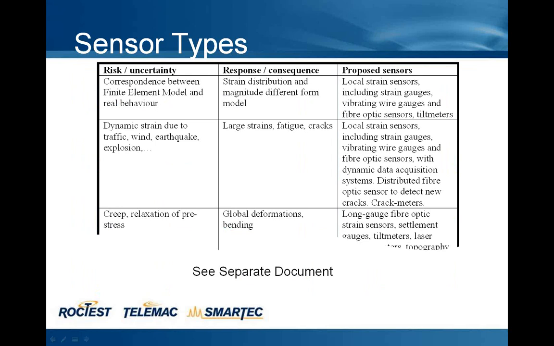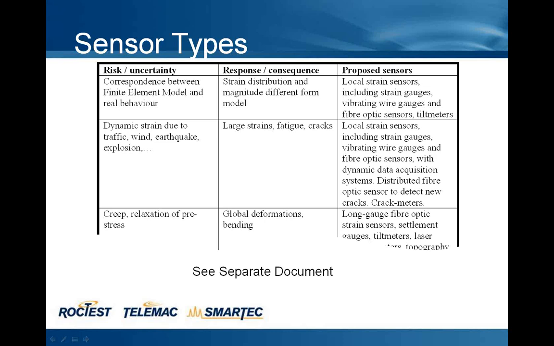And again, to help in making that link, we have prepared a table that lists the different risks that we have identified in the previous table, what is the common response or consequence, and what are the proposed sensors to monitor it. For example, if you look at the second line, if the risk is related to the dynamic strain generated by traffic, wind, earthquake, or explosion, the expected response is strain, fatigue, or cracks.